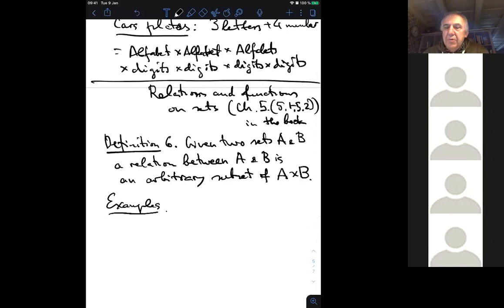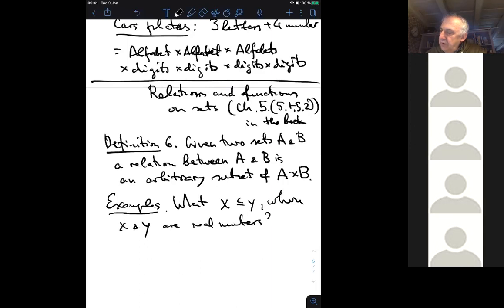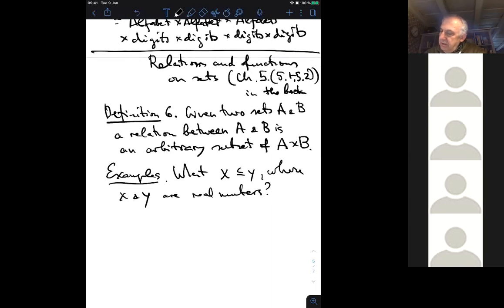For example, if we're working with real numbers, we know what it means that one number is bigger than the other. So what about x smaller or equal than y, where x and y are real numbers? What is that? Let's look at R2, the Cartesian product of two copies of real numbers.